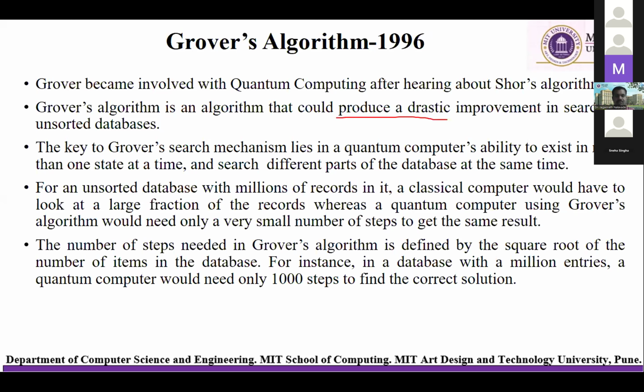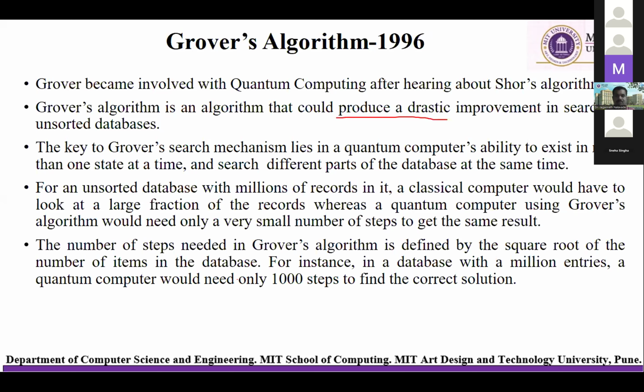The key to the Grover search algorithm lies in the quantum computer's ability to exist in more than one state at a time and search different parts of the database at the same time. For an unsorted database with millions of records, a classical computer would have to look at a large fraction of the records, whereas a quantum computer using Grover's algorithm would need only a very small number of steps to get the same result.